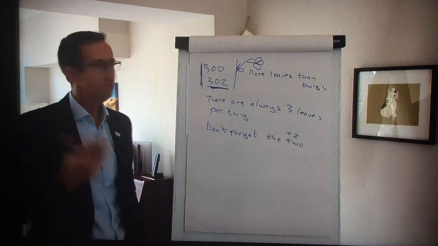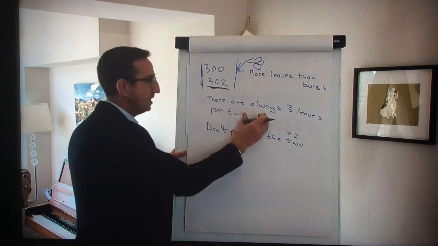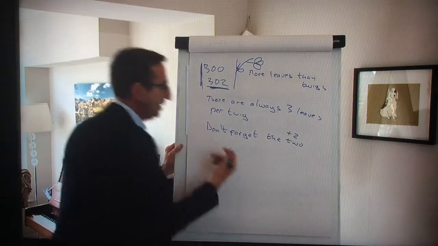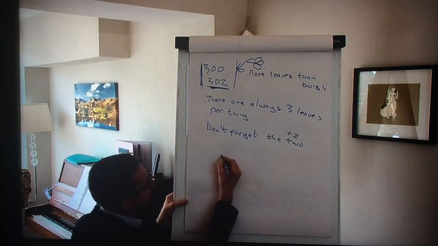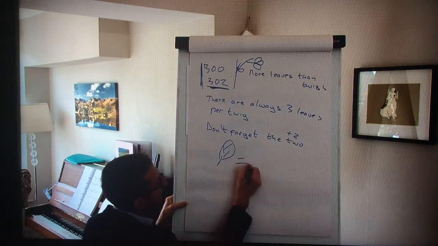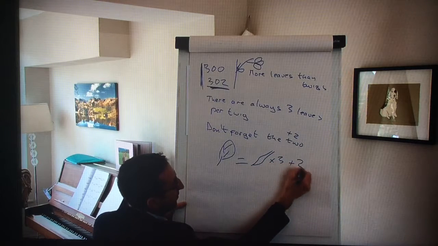Because what you want them to do is move from the visual patterns to the number patterns to actually articulating it and then to coming up with a formula. So you get all sorts of variations. Some children will do the leaves equals twigs times 3 plus 2.